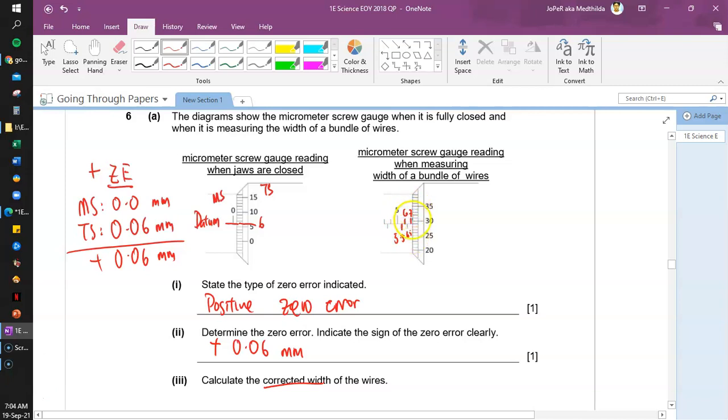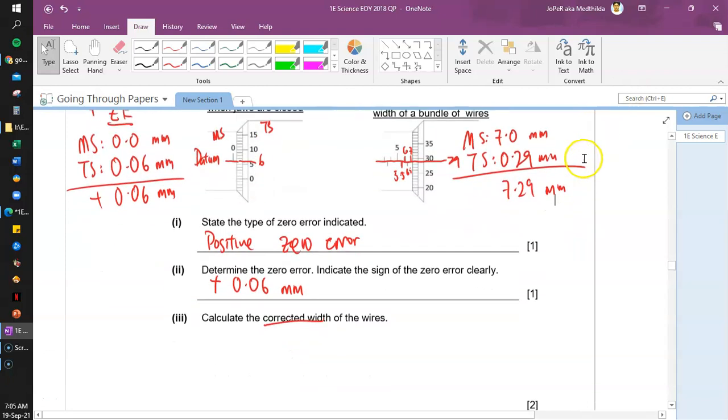So the biggest reading you can see on the main scale is actually 7.0 mm. Next, the datum line over here matches the thimble scale value of 29, so the thimble scale will be 0.29 mm. Add these two up, you got 7.29 mm.